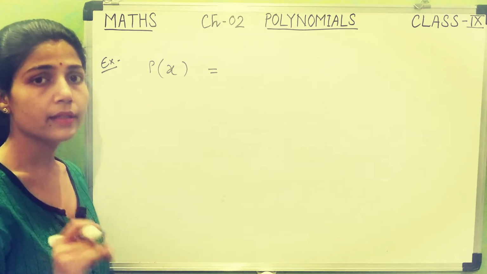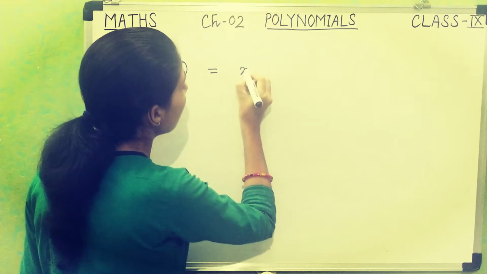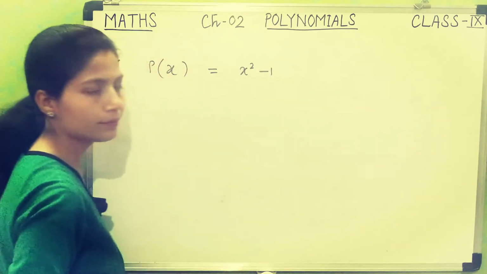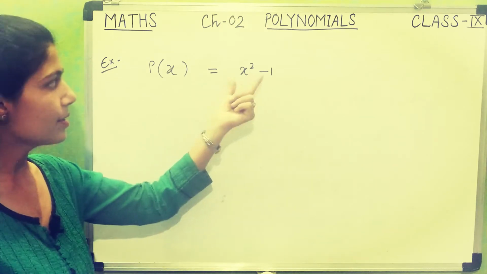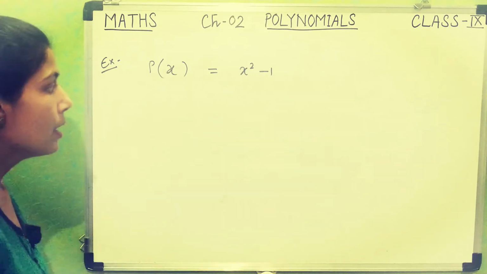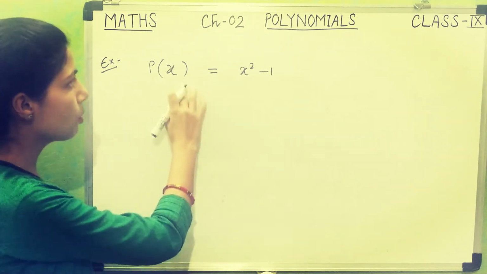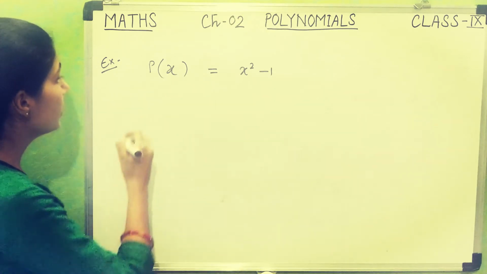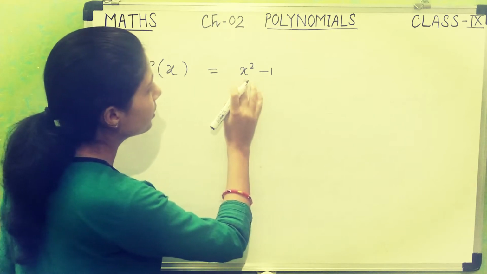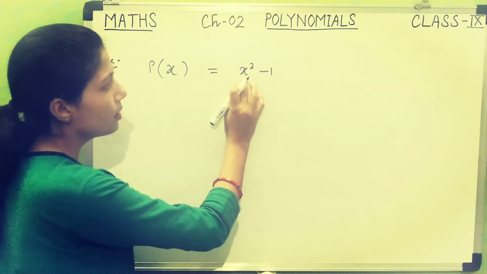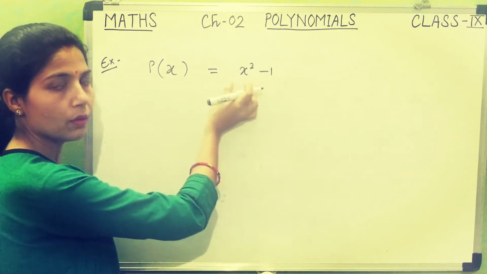Let's take another example. We have the polynomial x square minus 1, a quadratic polynomial. Now we have to find its zero. If we put 1 in place of x, we get the whole value as 0.